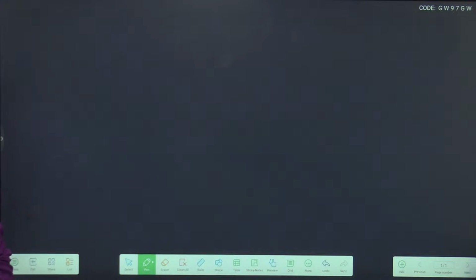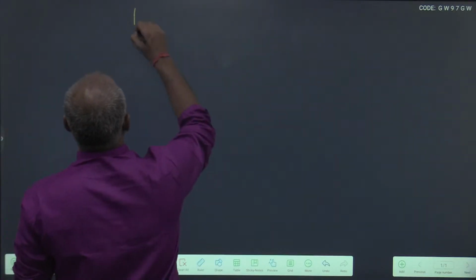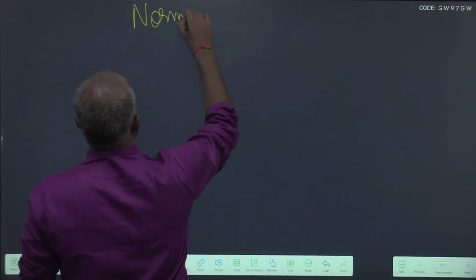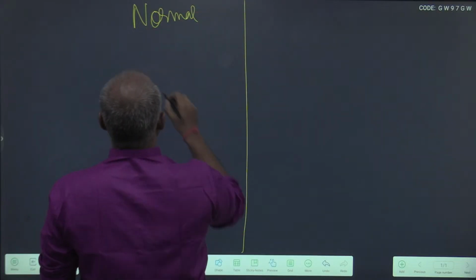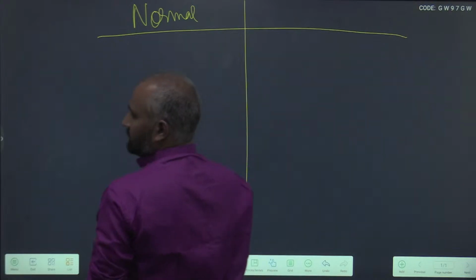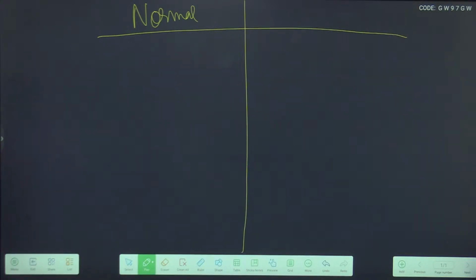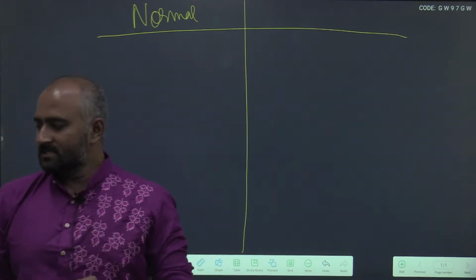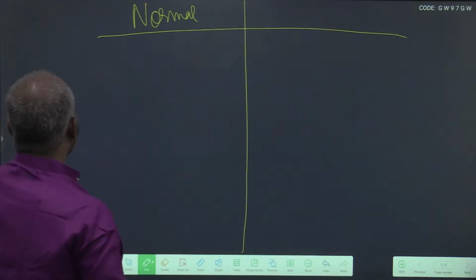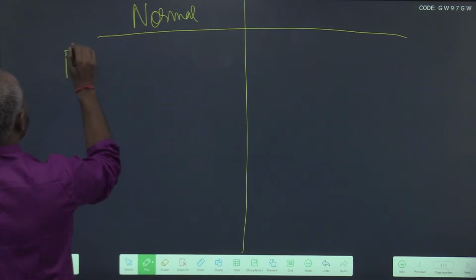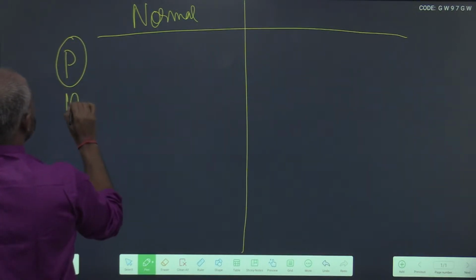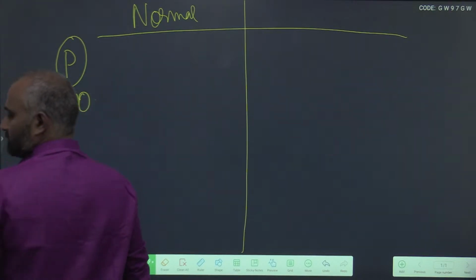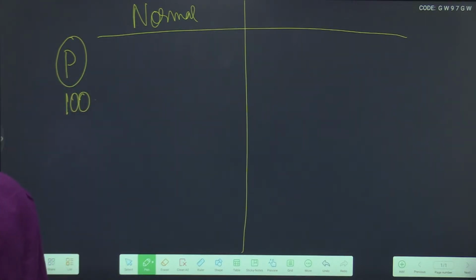Most of you would have done it this way. Since he is giving 20%, P is lesser than Q and Q is lesser than R. You might have started by assuming that 1 is 100%.